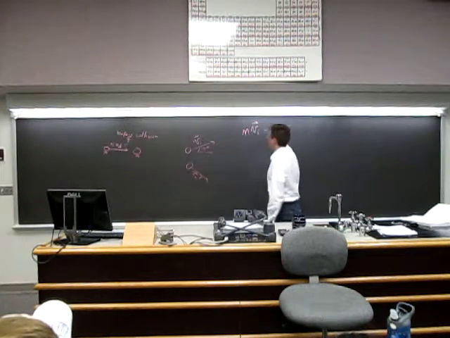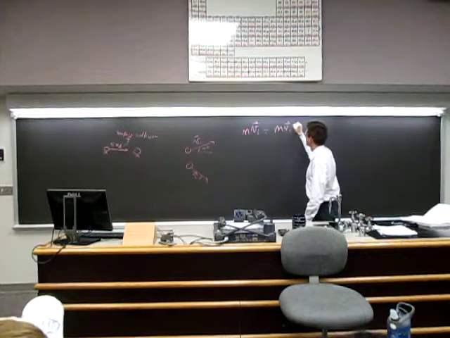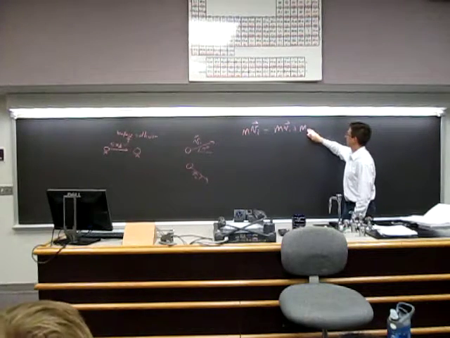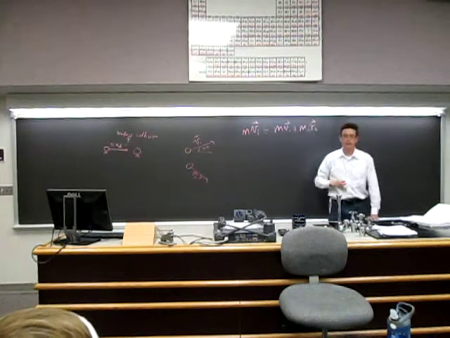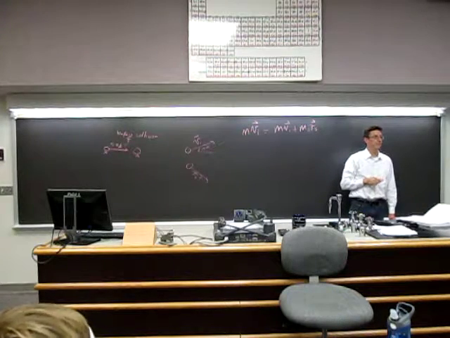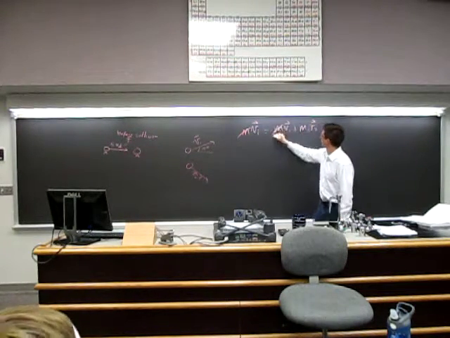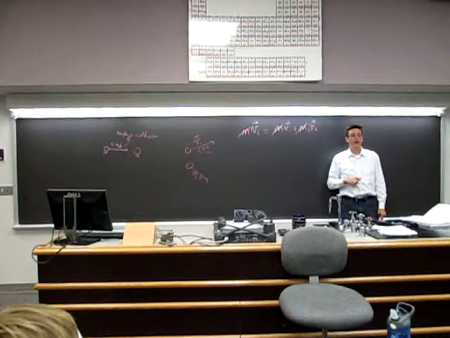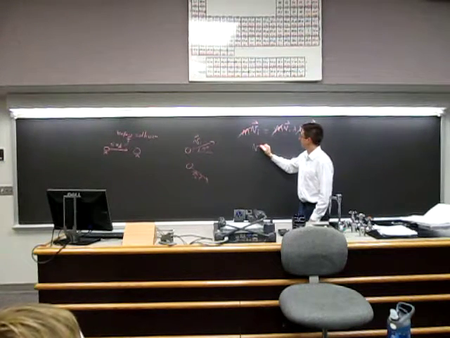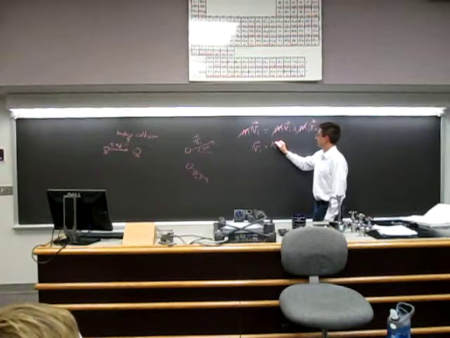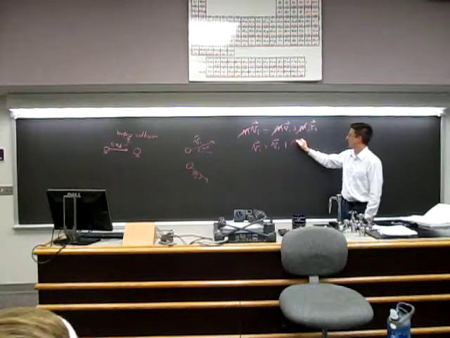M V initial would equal M V1 plus M V2. That's due to momentum conservation, right? And if I divide through by an M, I would get V initial is equal to V1 plus V2.